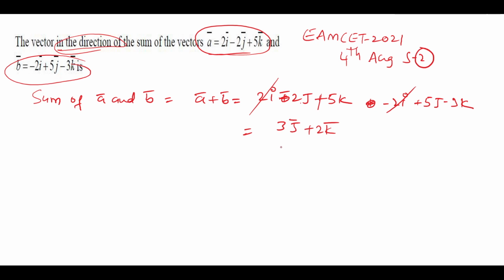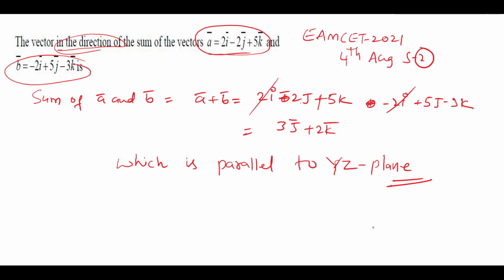This is 3j bar plus 2k bar. So the direction vector is 3j bar plus 2k bar. This vector is parallel to the yz plane, because there are j bar and k bar coefficients, and no i bar coefficient. That's why this vector is parallel to the yz plane.